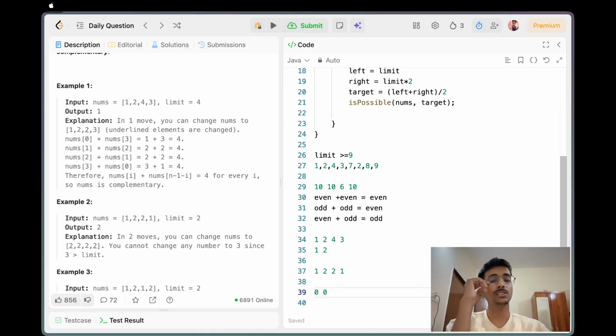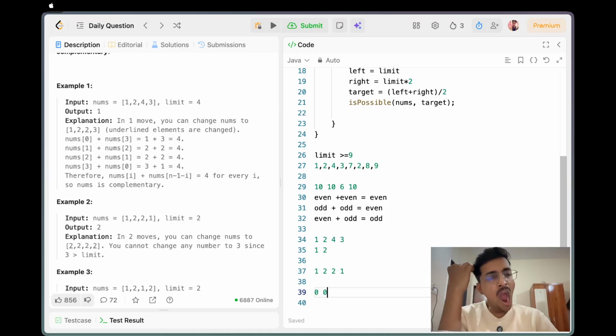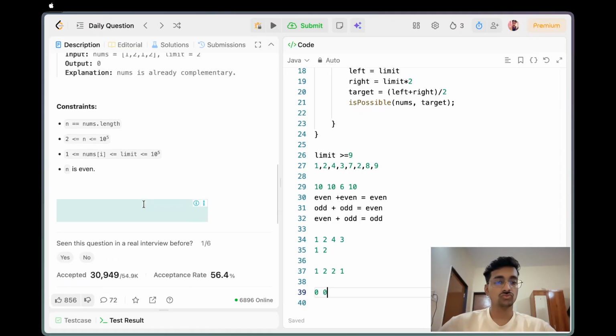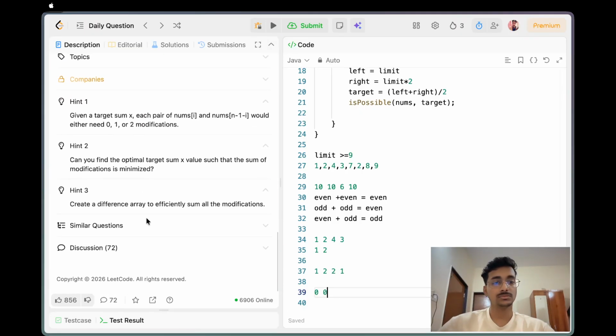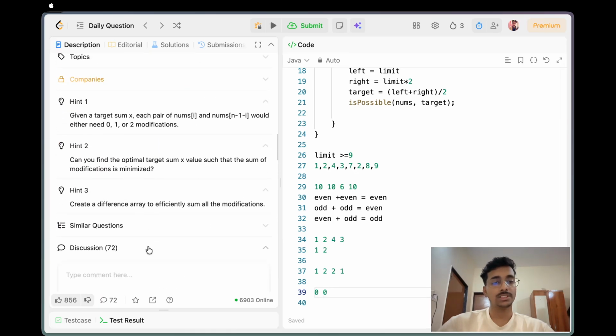Difference is 0 and then difference is 0. Hmm. Let's move to the discussion.